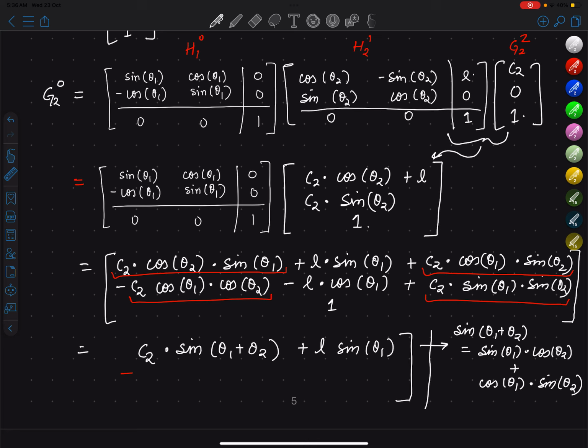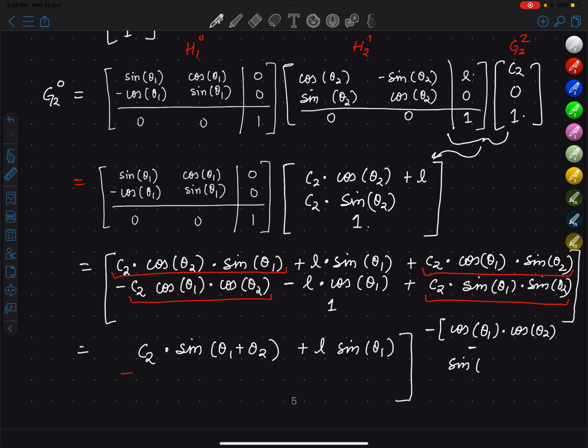But the second identity is what? So we want to use the second, which is cos, but actually it is negative, so negative of cos theta 1 cos theta 2 minus sine theta 1 sine theta 2, right? So this is some identity.